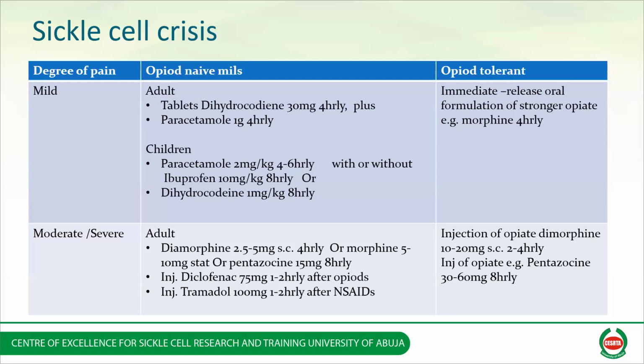For moderate to severe pain in adults, we use diamorphine 2.5 to 5 milligrams subcut 4 hourly, or morphine 5 to 10 milligrams, or pentazocine 15 milligrams 8 hourly.